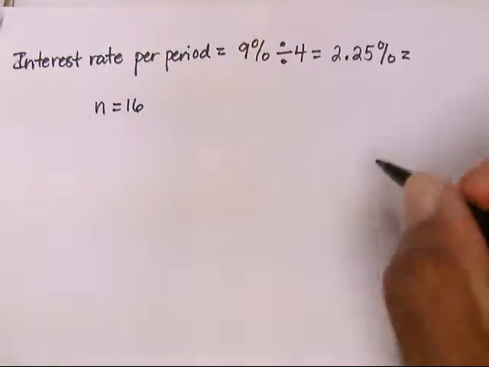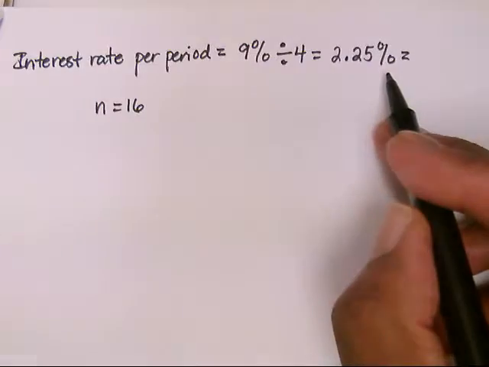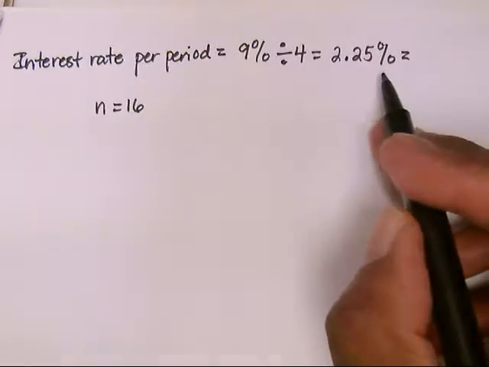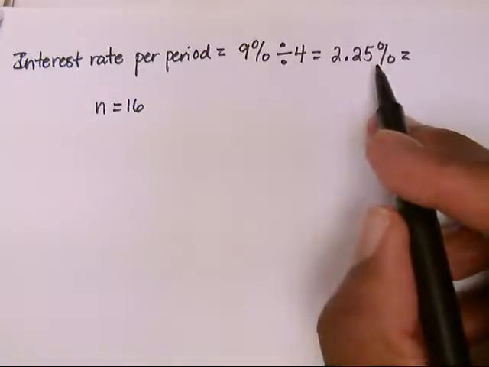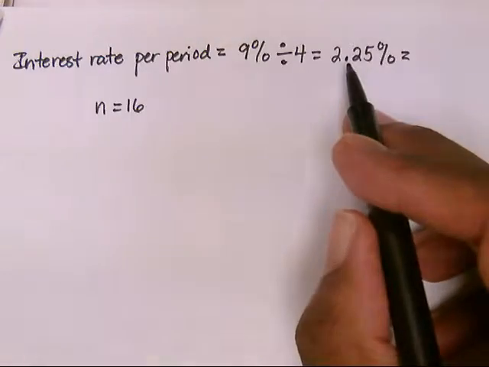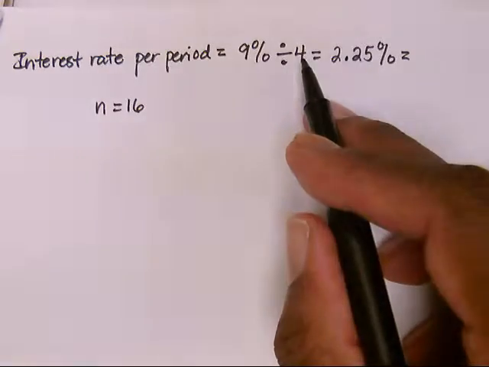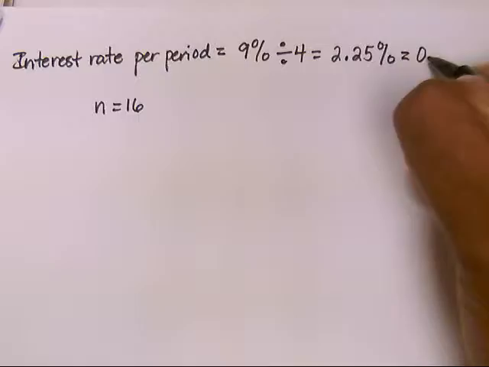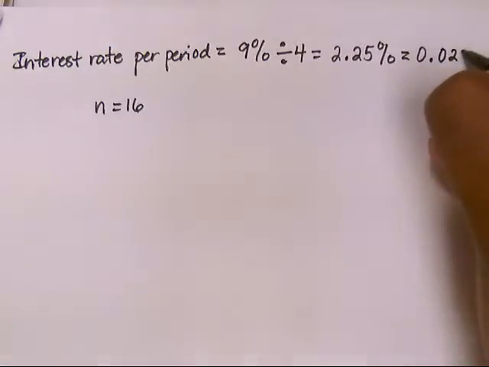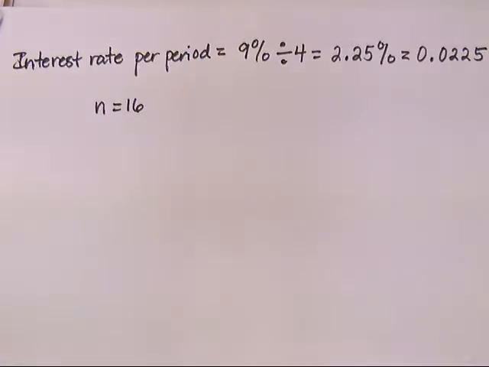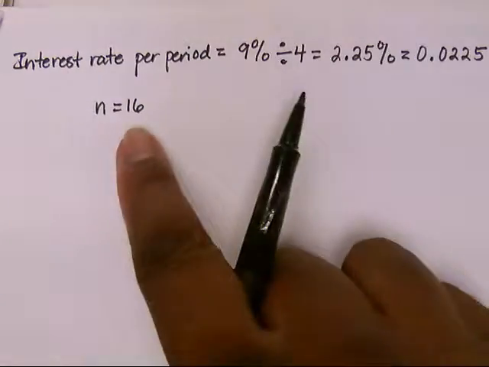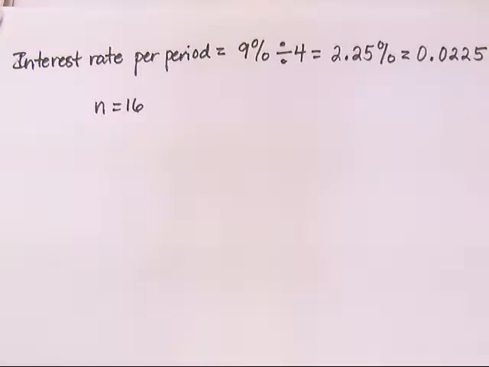And before I go any further, I need to convert 2.25% to a decimal. What you can do is divide 2.25 by 100, or move the decimal point 2 places to the left. You'll get 0.0225. That will be the decimal value for the interest rate per period. And n is the number of periods, which is 16.